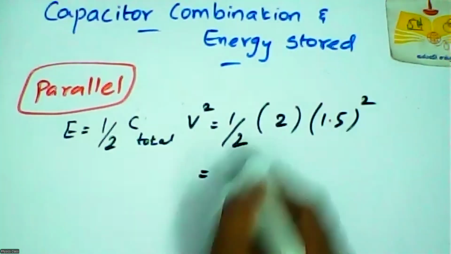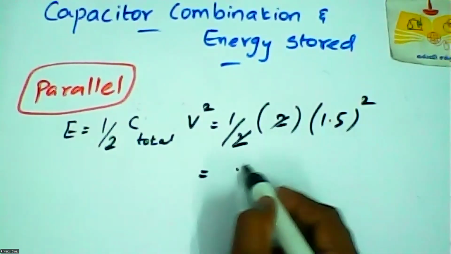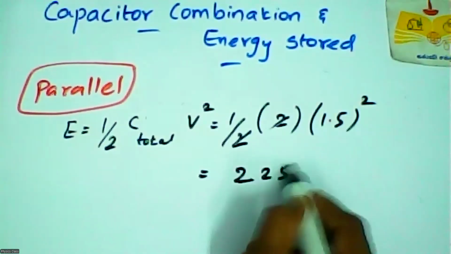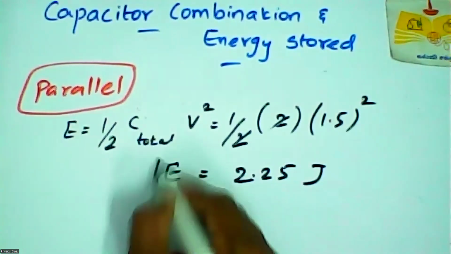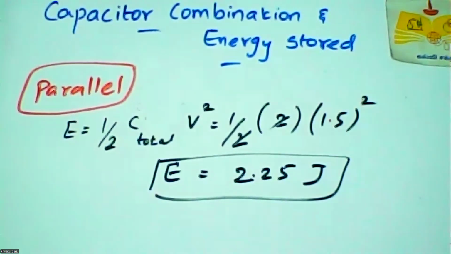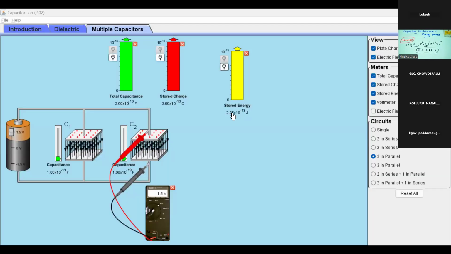Then we will get 2.25 joule. This is the energy, correct? So you can see the stored energy 2.25 into 10 power minus 13 joule. Clear? This is for parallel connection. So for the voltage 1.5, you can see the stored charge, total capacitance, and stored energy.